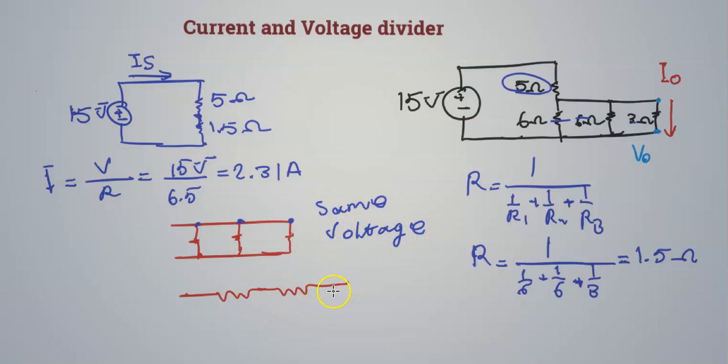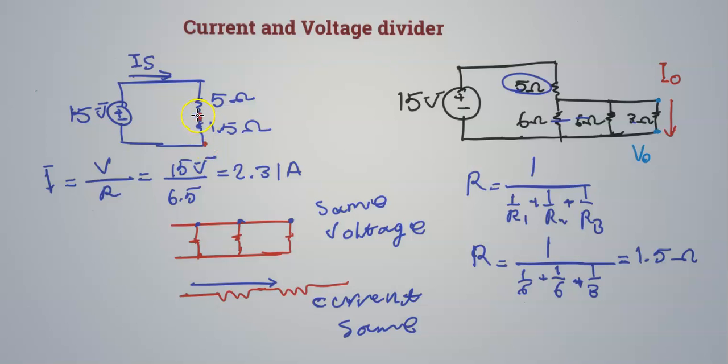But in resistors in series, the current is the same. Current is the same. So by knowing this, you can now find the voltage at this point.